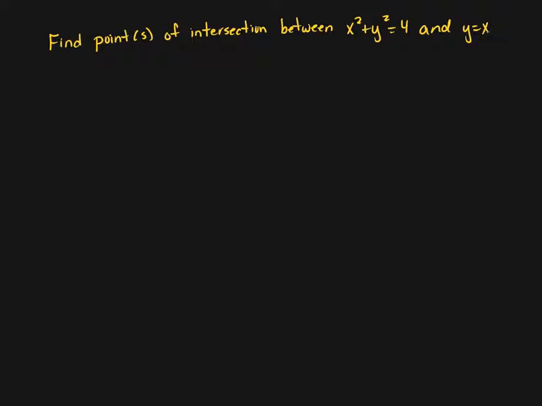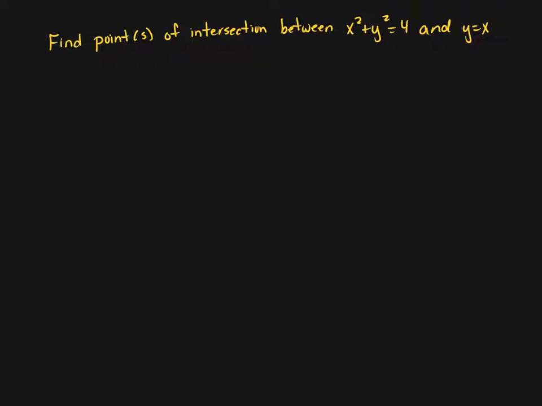So our problem is to find the point or points of intersection, that means the x and y, between the circle, the one we just talked about, and the line y equals x.